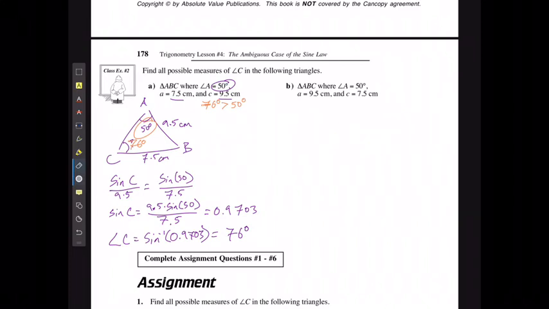So if C is either 76 degrees or 104 degrees, then there's my two possibilities.